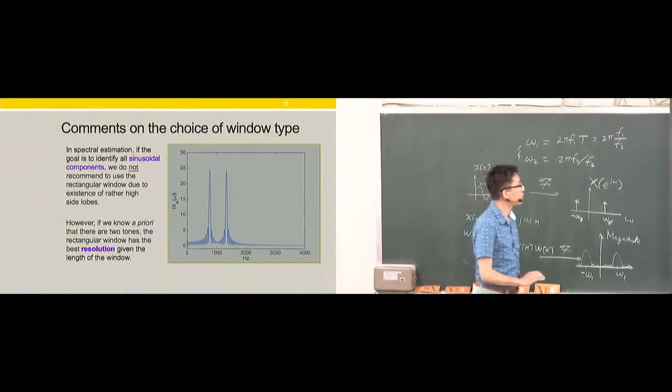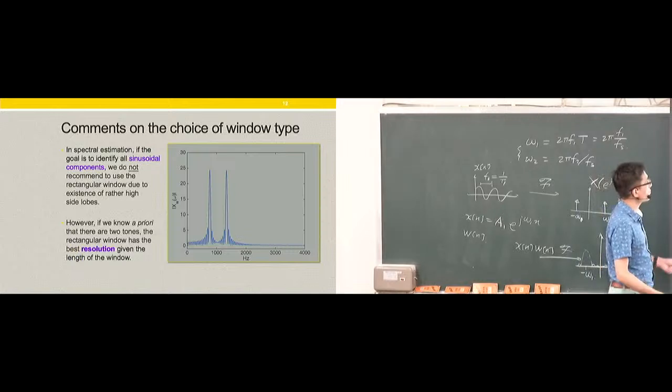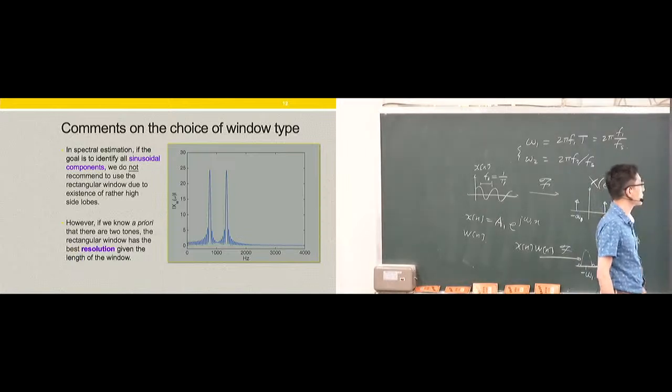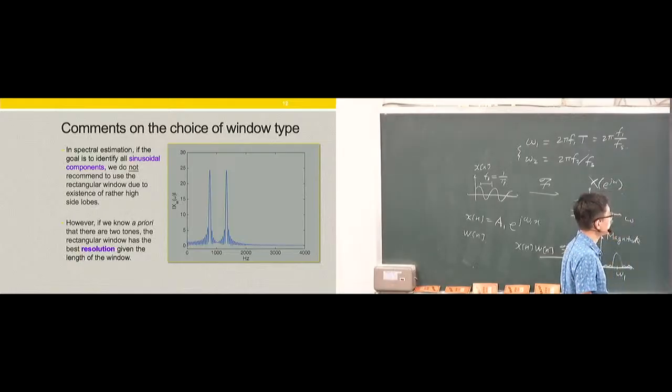And here I do have a few comments. In spectral estimation, if the goal is to identify all sinusoidal components, there's a subtle difference. Let me try to explain. There are two different kinds of tasks.